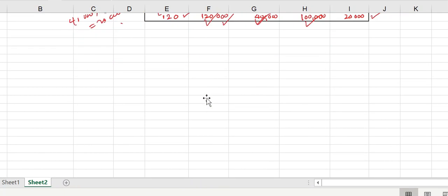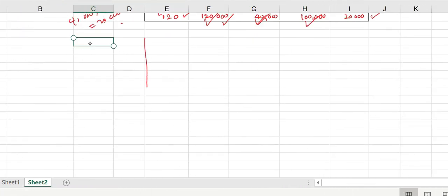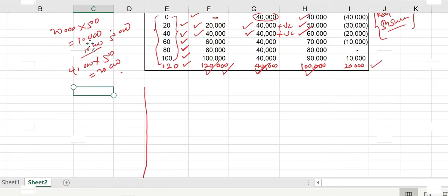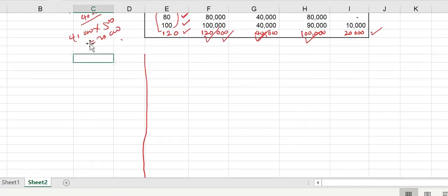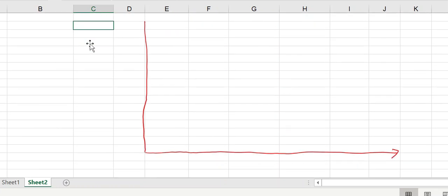Now we'll take the vertical axis and the horizontal axis. So this is your vertical axis and this is horizontal axis. Your horizontal axis will be the units 0 to 120.